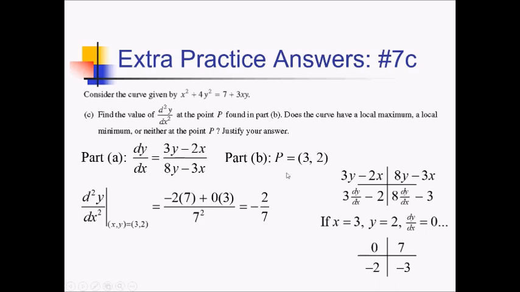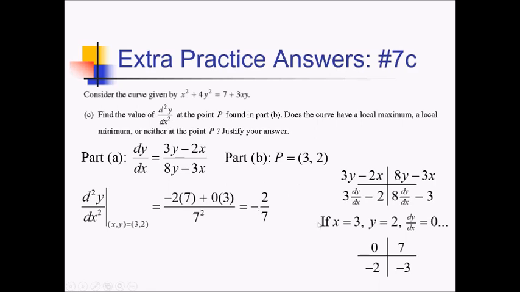The trouble is your derivative uses both x and y values. So how can you even think about plugging in something before (3, 2) and after (3, 2)? You're talking about a two-dimensional before and after. Totally crazy. So a much easier way to do this is to use the second derivative test.